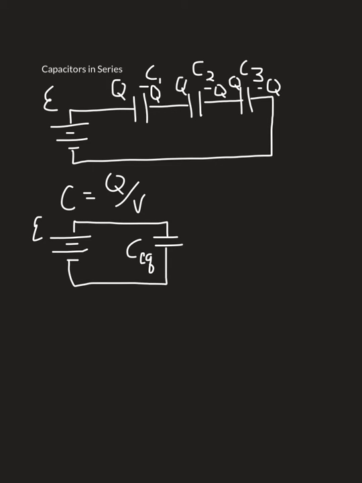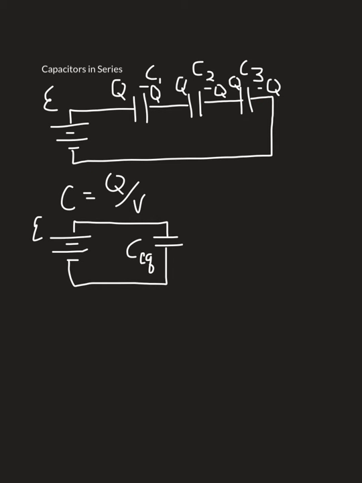So I am going to replace my network of capacitors with a single equivalent capacitor. To correctly relate the capacitance of each of the individual capacitors to the equivalent capacitor, I'm going to need to take advantage of what I know about the voltage law, Kirchhoff's voltage law for this loop.